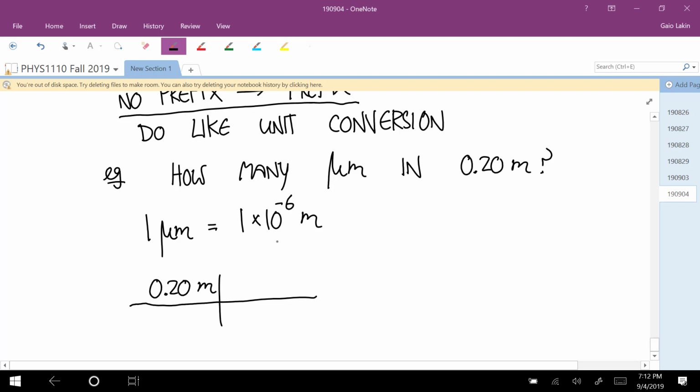We'll multiply it by 1 micron over 1 times 10 to the minus 6 meters. These meters cancel, and you get 200,000 microns.